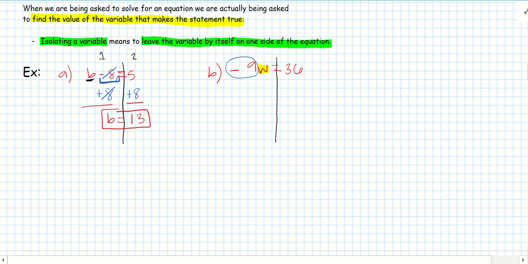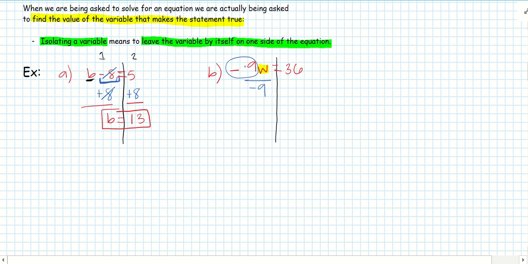Now, it's multiplying, right? So what we have to do is the opposite of multiplication. Now we know that the opposite of multiplying is dividing, right? So to get rid of this 9, what we're going to have to do is divide by negative 9, okay? Notice how I'm taking that negative with me as well.